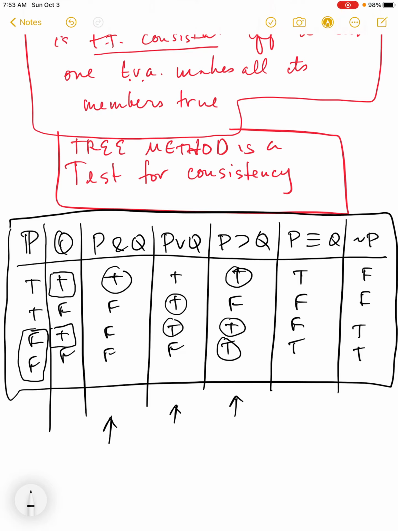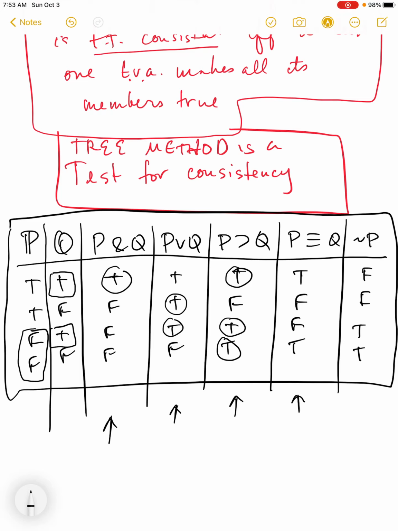So the antecedent is false, or the consequent is true.